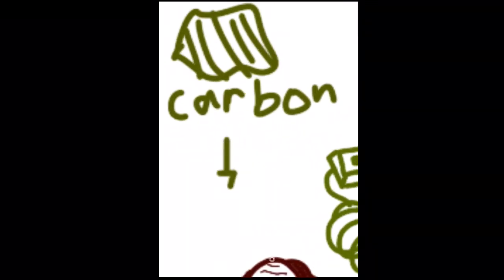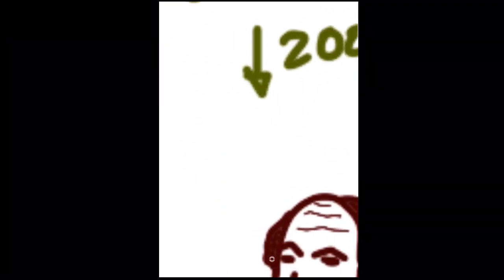Then we use the silicon crystal with carbon. Let me draw the carbon like this. Okay, this is carbon, at 2000 degrees Celsius, to make it become raw silicon.